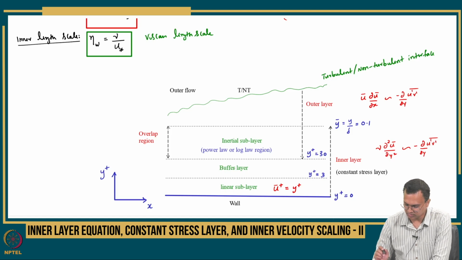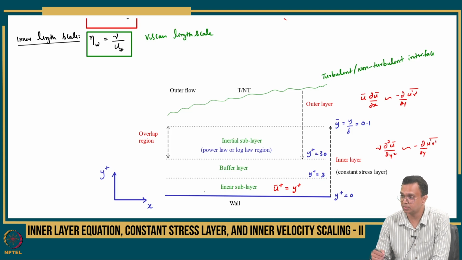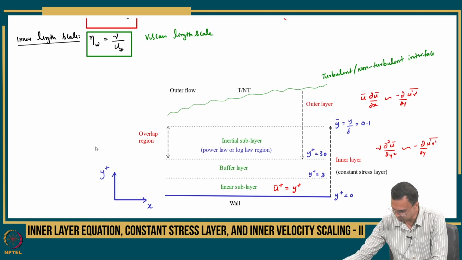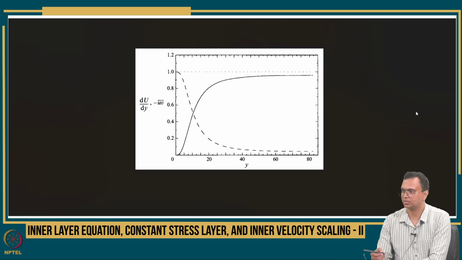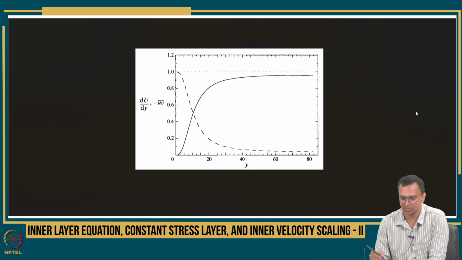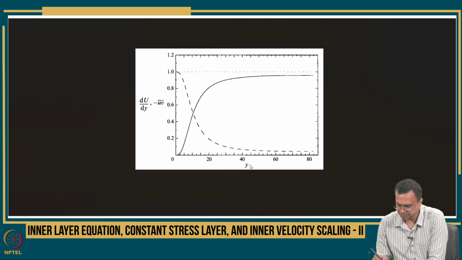So now we have already seen the data from how it looks like from wall to away of both the turbulent shear stress and the viscous shear stress, and then you saw that there is actually a zone where there is a cutoff. So if I go back to that graph, you already know what this particular thing is now. It's actually y plus, it's not plotted like this.